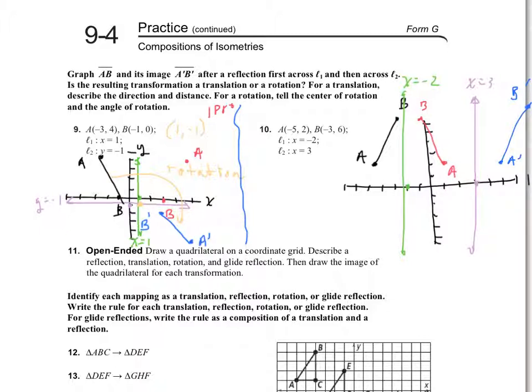And so essentially what's happened is we've had just a slide, which is a translation from here to here.